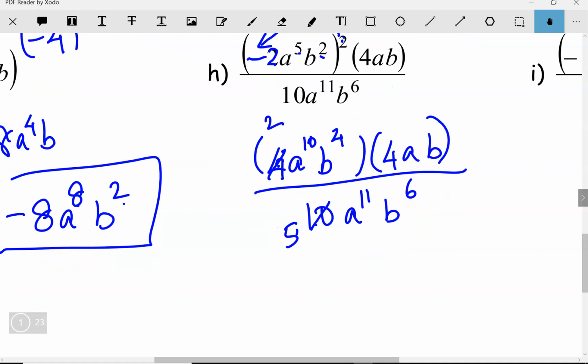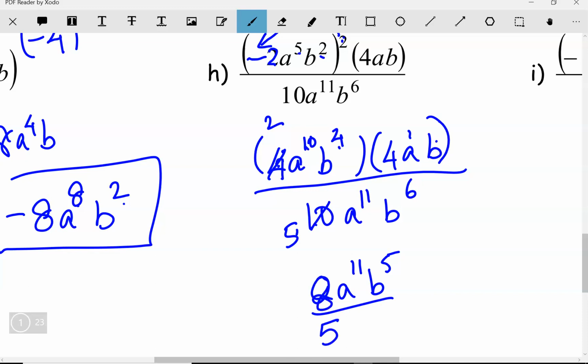So I have 2a to the 11, b to the 5, because 10 plus 1 and 4 plus 1, divided by 2. I mean 8, because I did 2 times 4 and got 8. And here I have 5a to the 11, b to the 6.